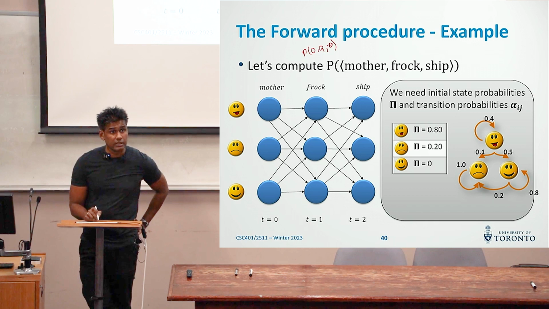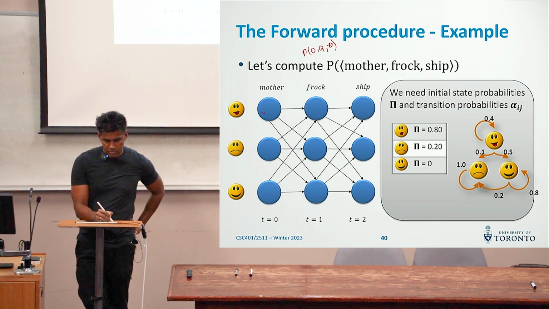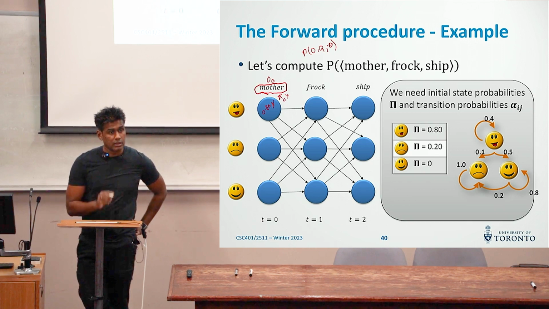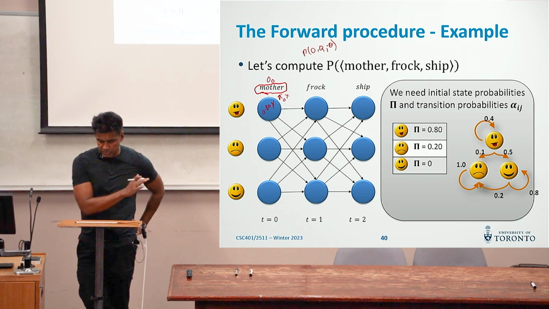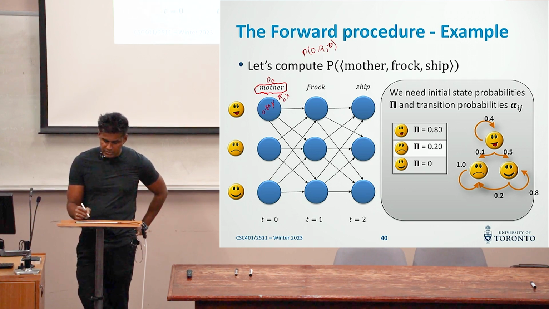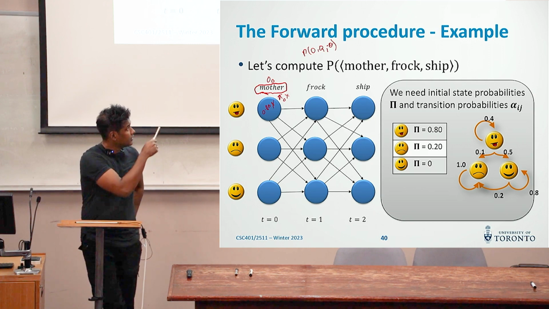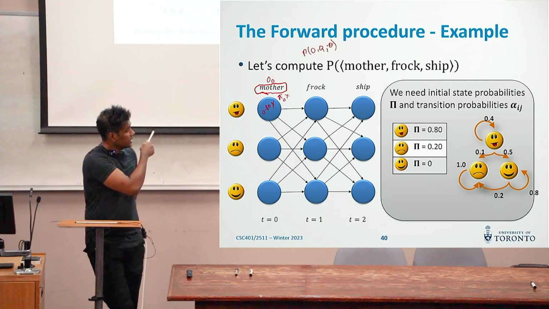So what will be this value over here? Our probability of starting in the disgusted state is 0.80. And what else do we need? So pi 0 times the emission probability, right? The probability of observing mother in the first time step. I think the emission probabilities were given in the earlier slides. But essentially on the figure over here on the right hand side, you have the state transition probabilities and the initial state probabilities.